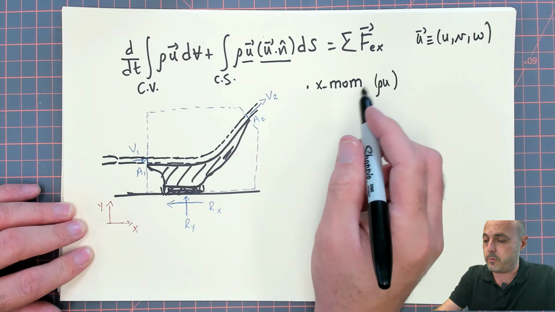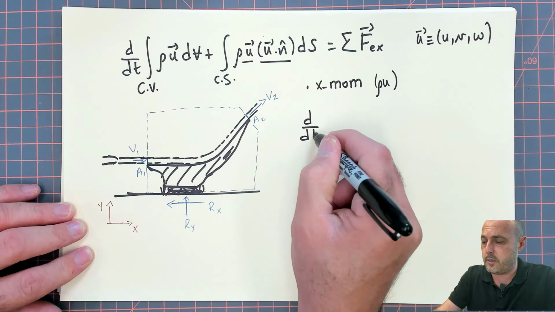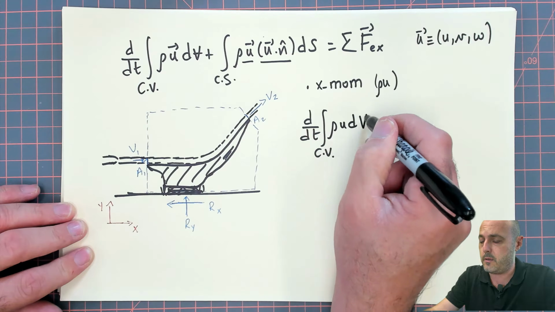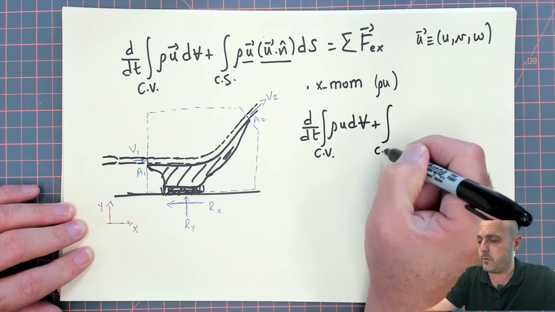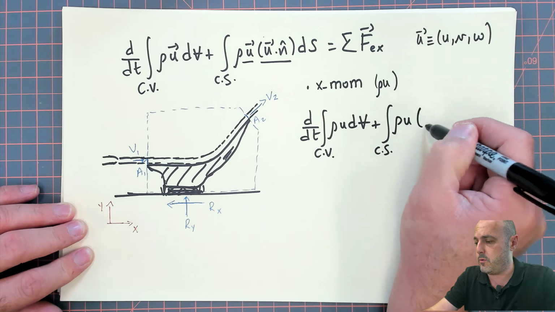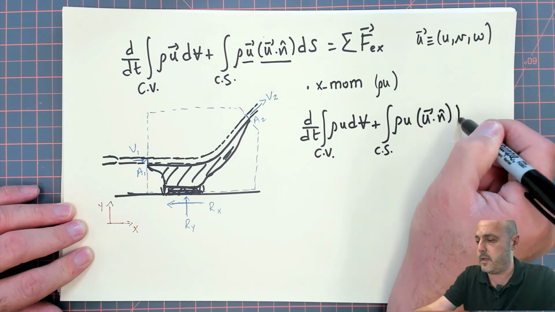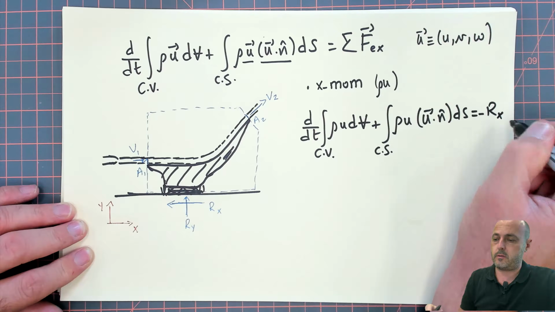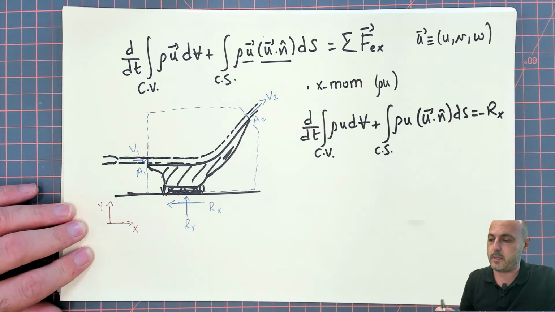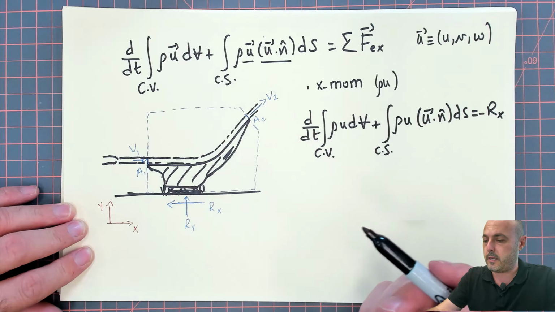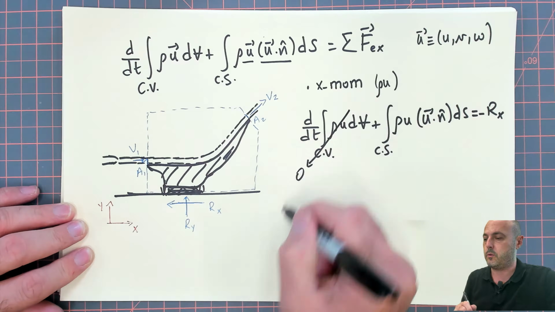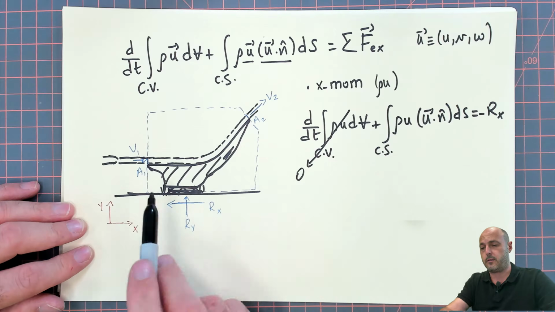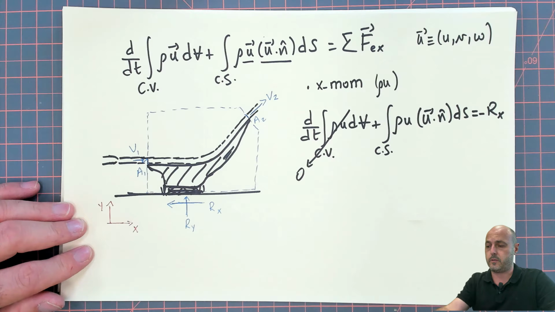With the x momentum component, we get d by dt of the integral over the control volume of rho u dV, plus the integral over the control surface of rho u, u dot n dS, and that's equal to minus Rx, the component force in the x direction. Now this flow is steady, so the first term goes to 0, and we are left with the surface integral over the inlet and outlet surfaces.